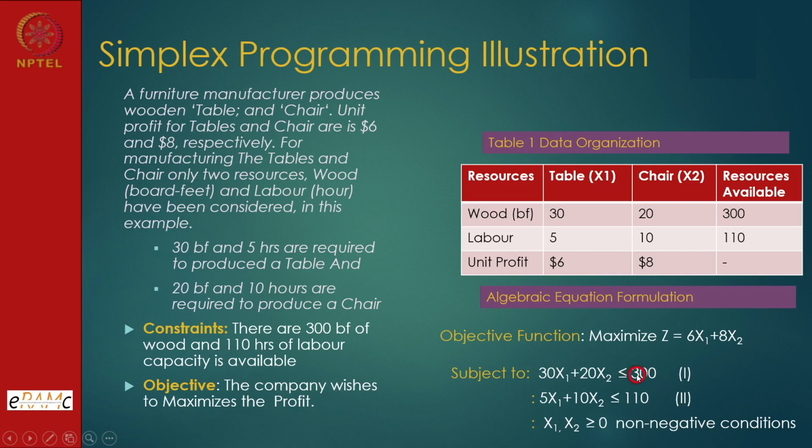We don't have more than that. As far as labor hours, 5x1 plus 10x2 less than or equal to 110. And x1, x2 are greater than or equal to 0, that is, non-negative.